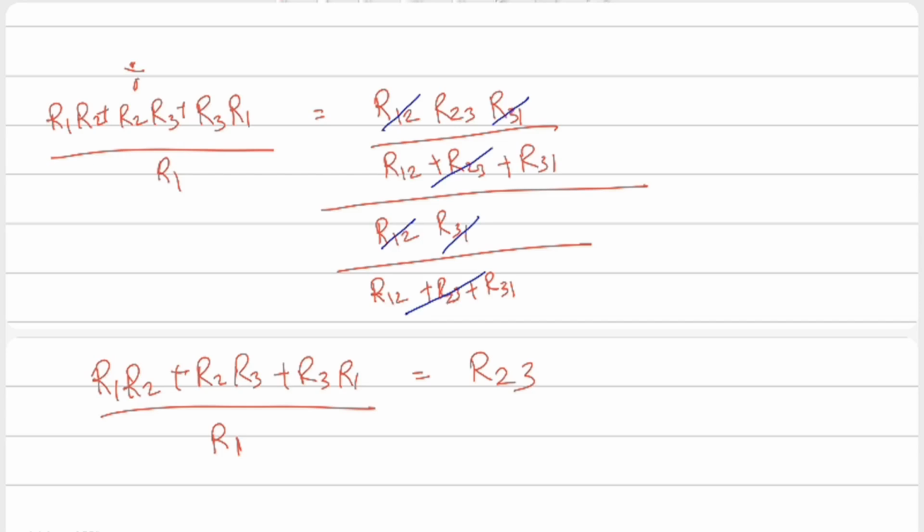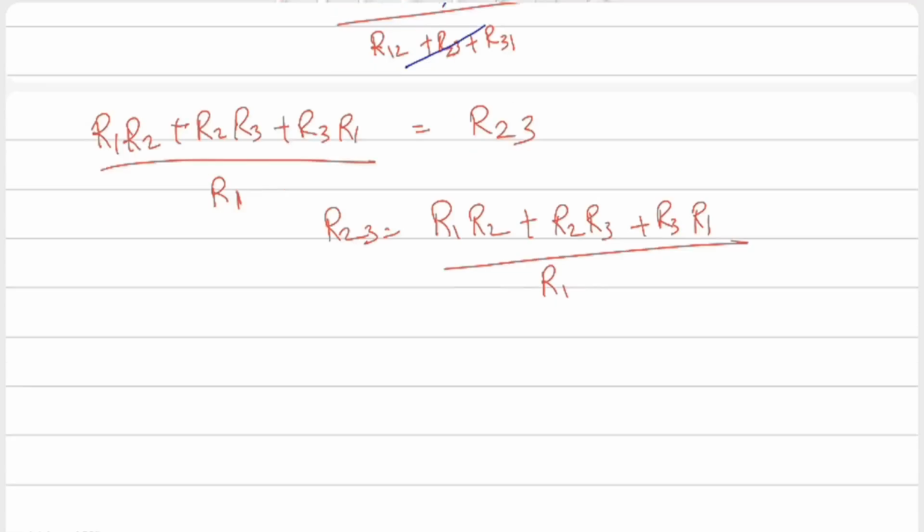So you will get R23 is equal to R1 R2 plus R2 R3 plus R3 R1 the whole divided by R1.